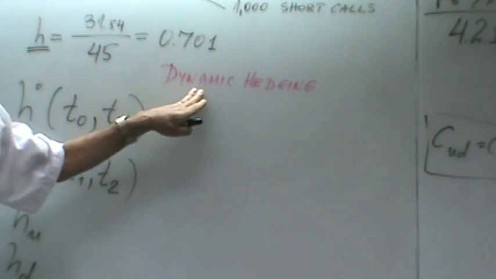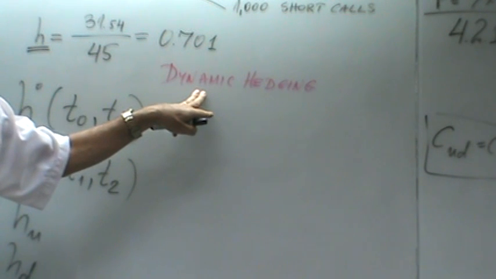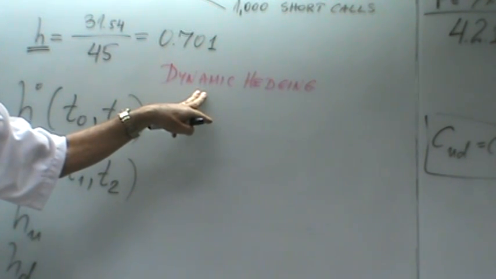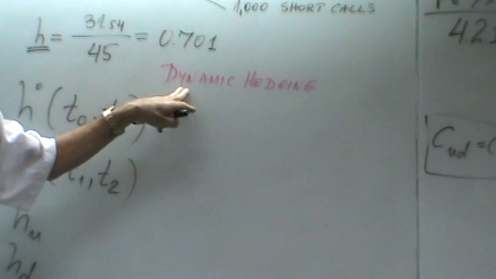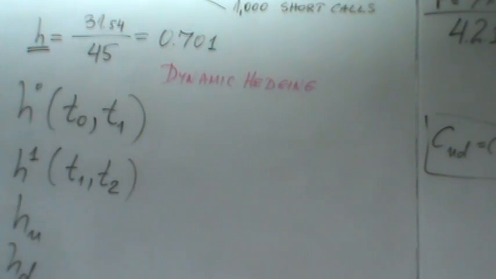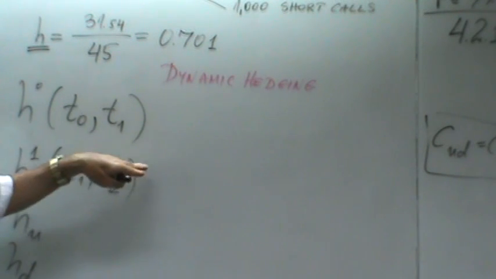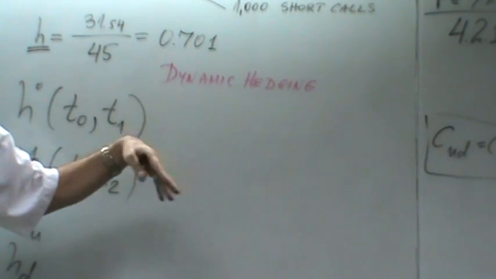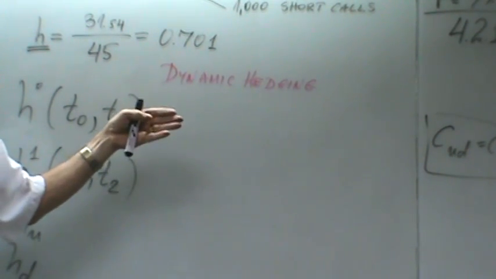So, dynamic hedging, guys, pay attention. I'm trying to tell you important stuff. Dynamic hedging is the adjustment of the hedge ratio from period to period so that you can remain hedged.